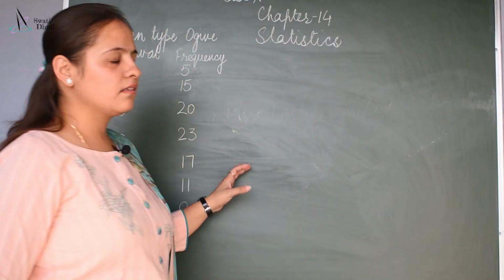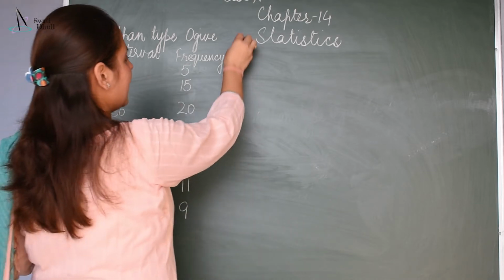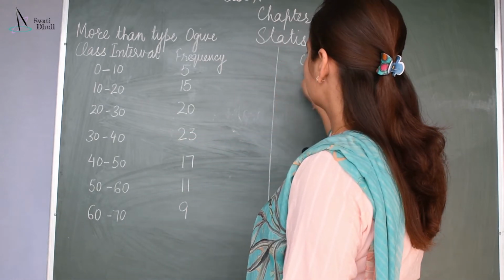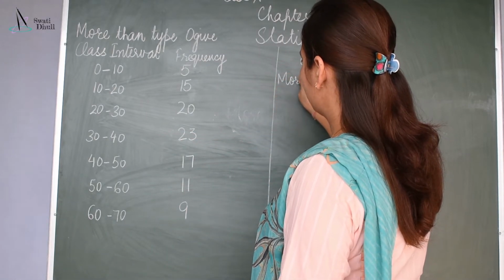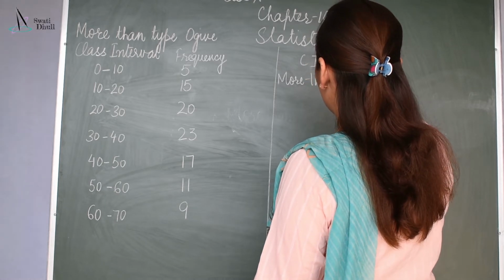Now to find out the CF, we must draw the table for it first. We will write here class interval. We always write more than or equal to.